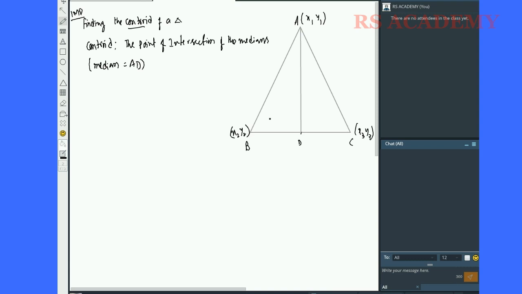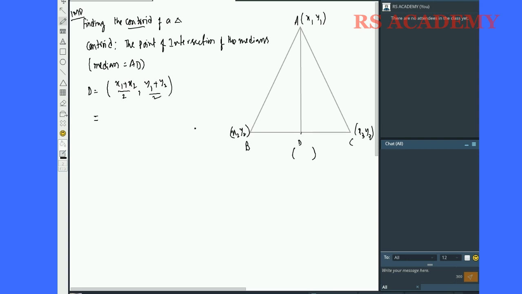So now we have to find the coordinates of D. How to find D? D is the midpoint of BC. Therefore, let us find the coordinates of D using the midpoint formula. What is the midpoint formula? x1 plus x2 by 2, y1 plus y2 by 2.